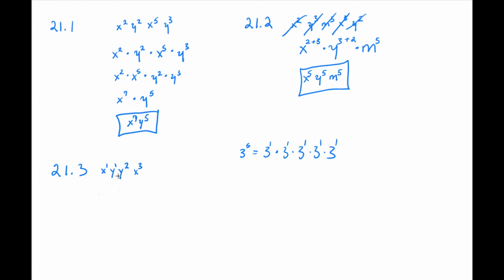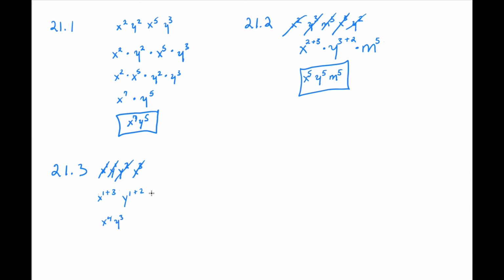So whenever you have a variable that doesn't have an exponent, if it helps you to remember, put that exponent of 1 right above so you can see what you're doing. So now all you have to do is write x^(1 plus 3), okay, and that's going to be times y^(1 plus 2), and now we know that that's going to be x^4 and y^3.